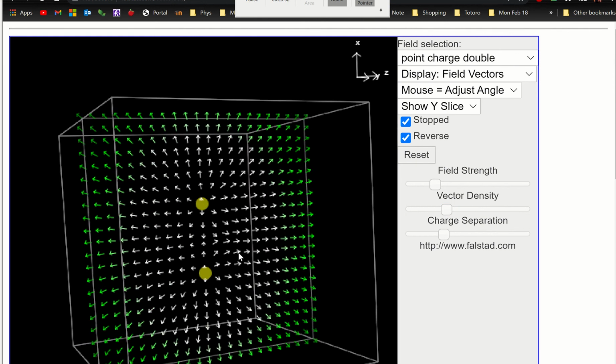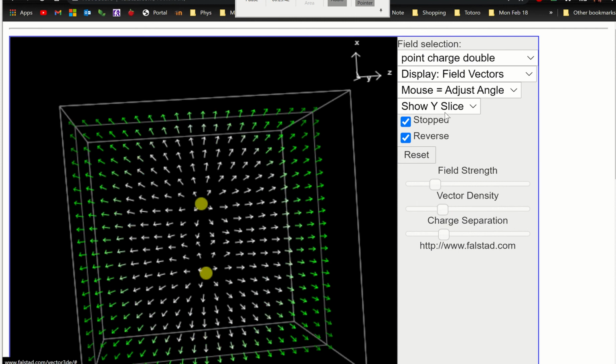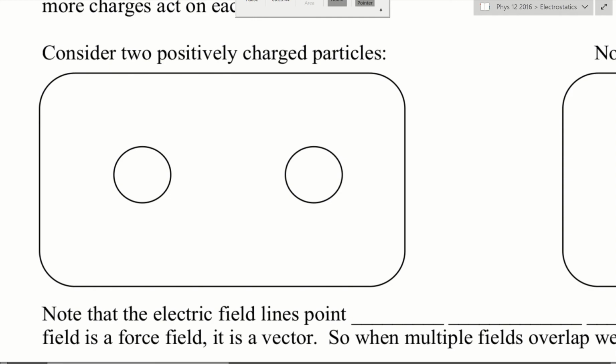let's see. Okay, can you see these? These are all just going away. So there's something weird in the middle, but these are going away, those are going away. Now, let me show you how to actually draw it on this diagram. So technically, it depends on if the two charges are exactly the same or not. So let's say they are exactly the same. Each of them is 2 coulomb.